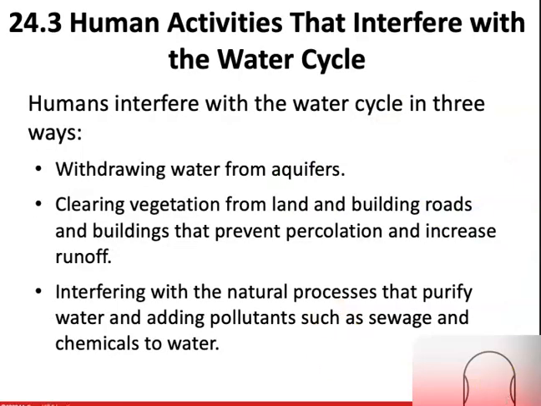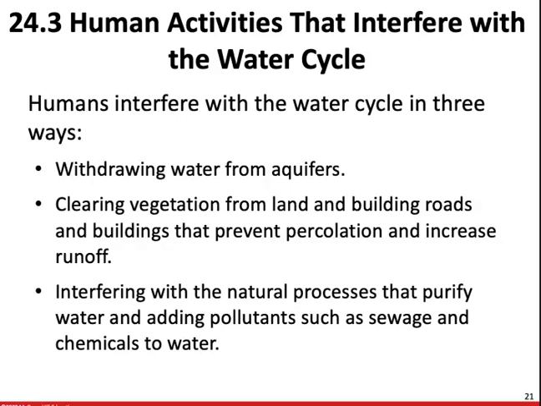However, humans can interfere with the water cycle in a couple of different ways. One of those would be withdrawing water from aquifers, clearing vegetation from land, and building roads and buildings can prevent that percolation and increase runoff. Interfering with the natural processes that purify water and adding pollutants like sewage and chemicals to the water.